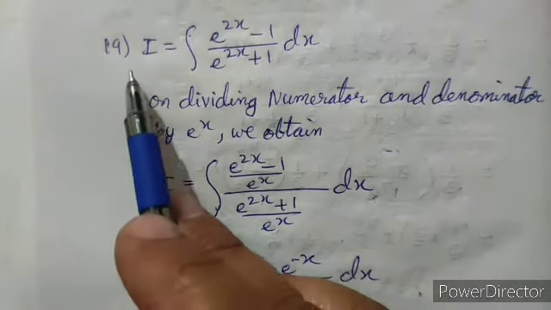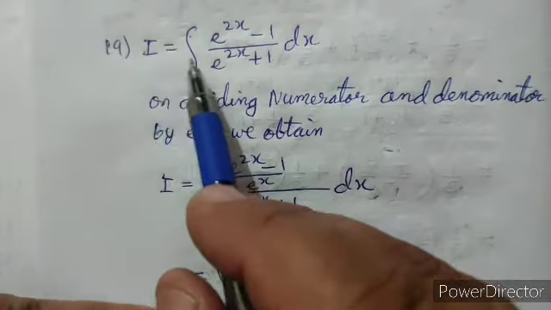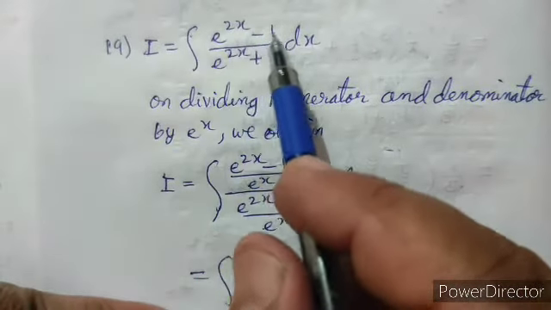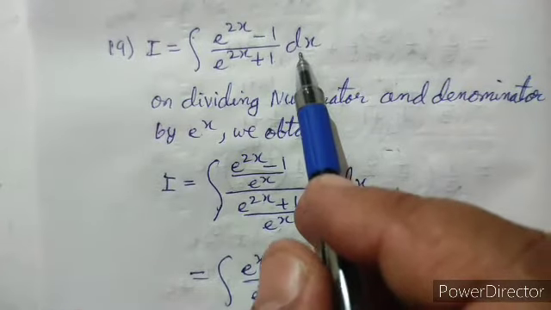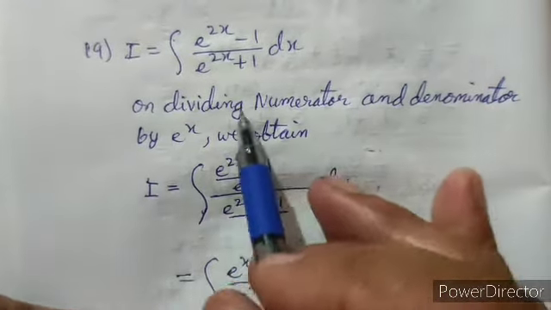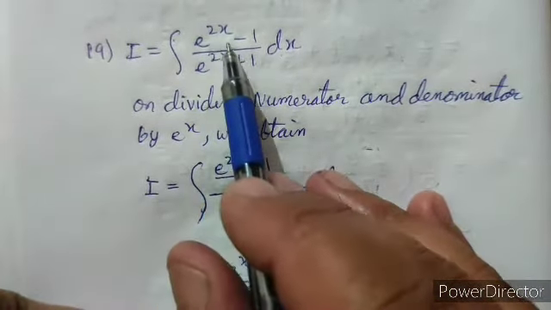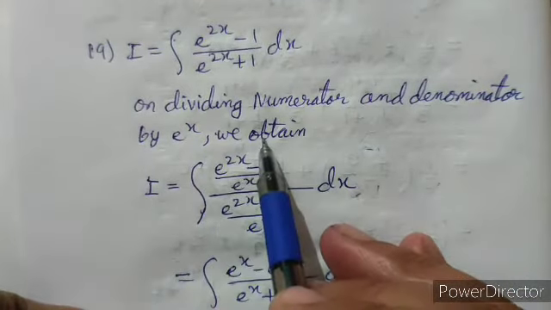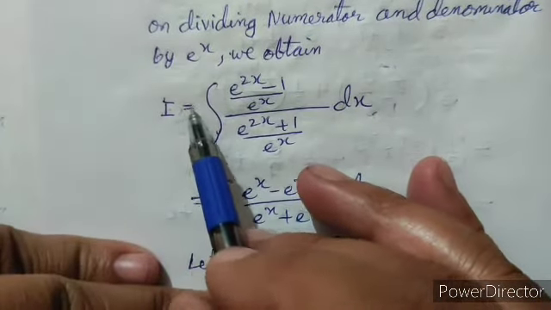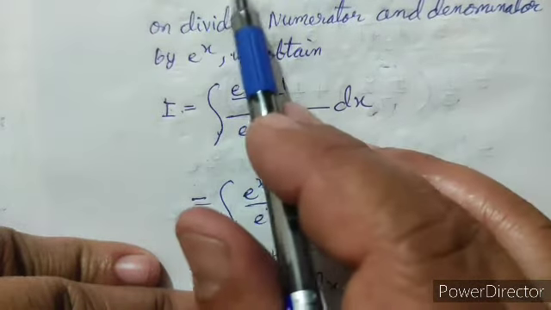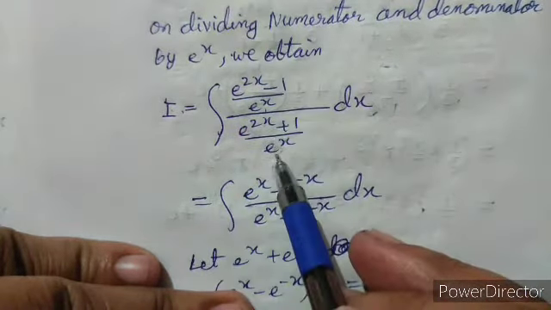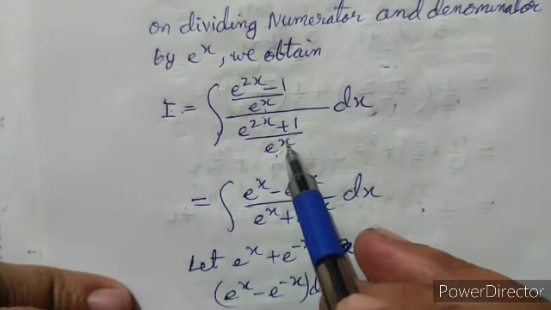Now in question number 19, we have to find the integral of e raised to power 2x minus 1 upon e raised to power 2x plus 1 dx. Now, on dividing the numerator and denominator by e raised to power x, we get I as e raised to power 2x minus 1 upon e raised to power x, e raised to power 2x plus 1 upon e raised to power 2x, e raised to power x.